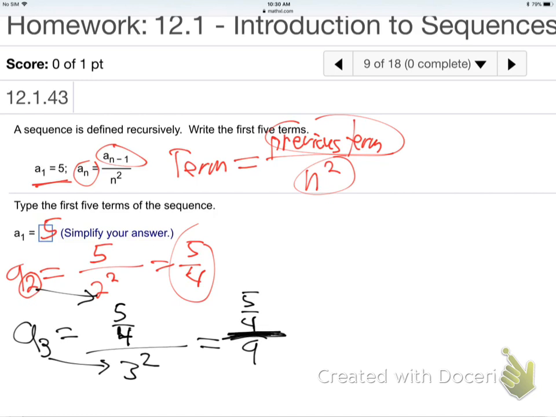Now, how do you simplify that mess? 5/4 over 9. Yeah, you put 9 over 1, you flip it up. It becomes 1/9, and you times it, right? It's upside down multiply. Remember, dividing is upside down multiply. Grab that 9 over 1, flip it up. And so we get, what's that, 5/36 is the third term. We good there?